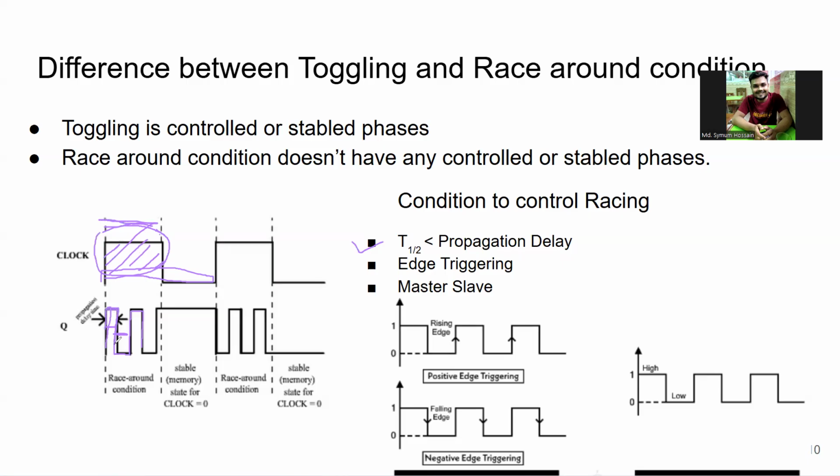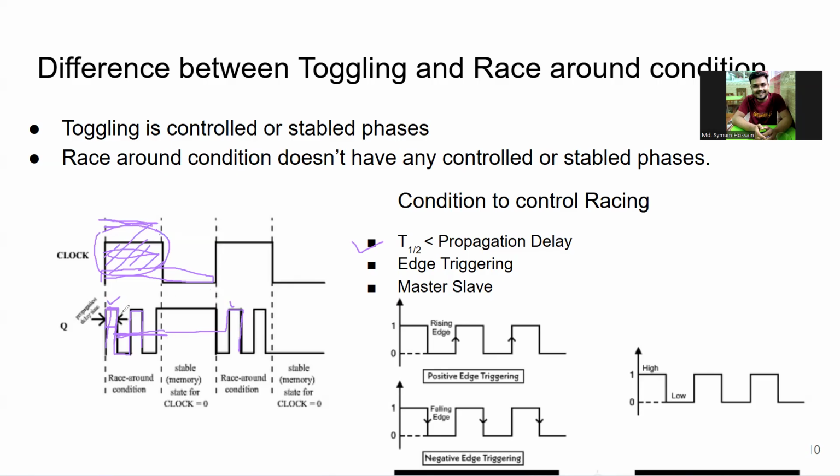The second toggle will need at least t half amount of time. So in this phase, it is clock zero, and after that zero completes here, and only after that it will rise here. So instead of generating multiple toggles, it will generate only a single toggle only if the t half is less than the propagation delay.